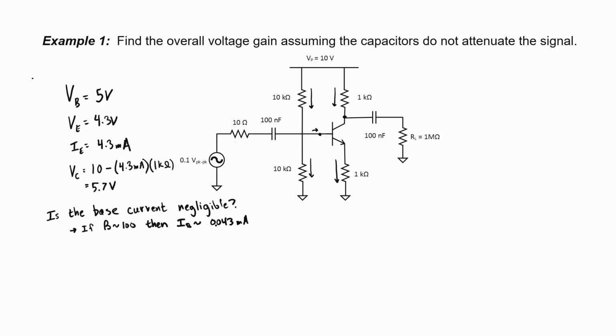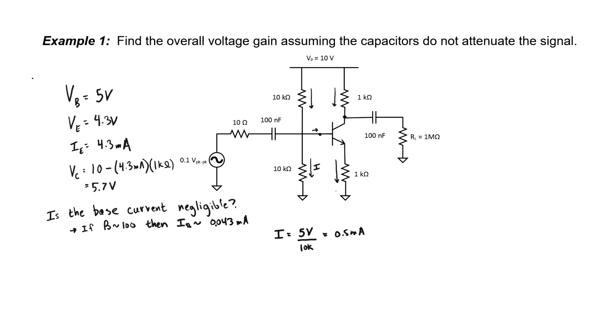We need to compare it to the current down through this 10 kilo ohm resistor. Let me label it I. I is just my base voltage divided by 10 kilo ohms. We find that the current down through that 10 kilo ohm resistor is 0.5 milliamp. Compared to our base current, 0.043 milliamps, we can conclude that the base current is basically negligible. That means that all of the assumptions that went into my calculation for the gain were reasonable.